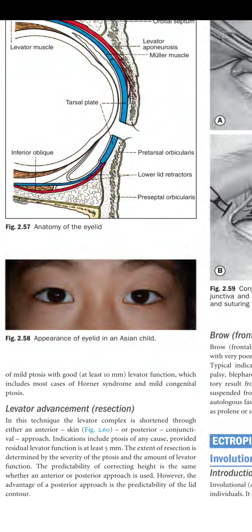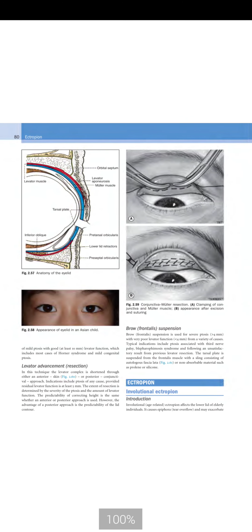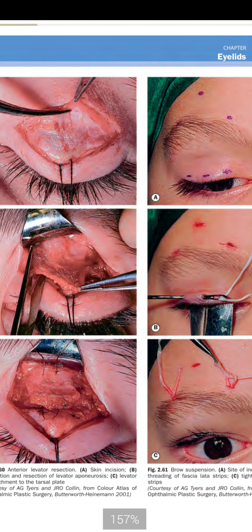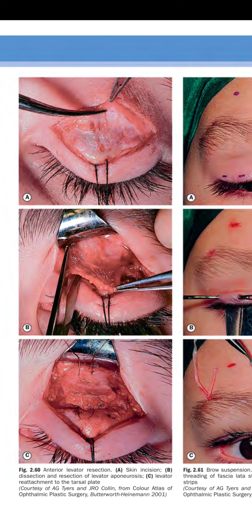The extent of resection is determined by the severity of the ptosis and the amount of levator function, so how much levator muscle you should resect depends upon the amount of levator function present. The predictability of the correcting height is the same whether an anterior or posterior approach is used. However, the advantage of a posterior approach is predictability of the lid contour. So you can see figure 2.60. It is showing the anterior levator resection.